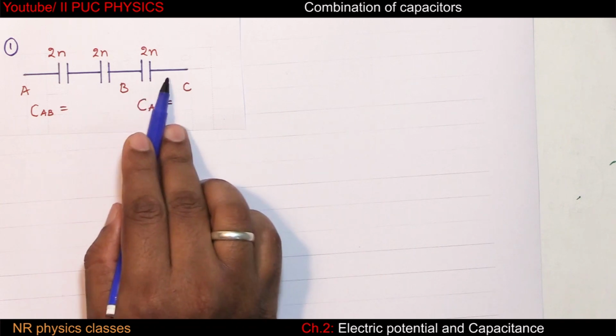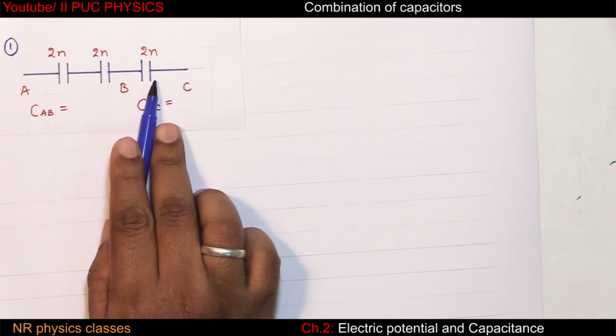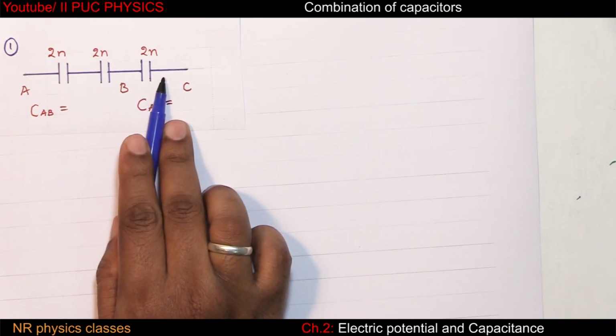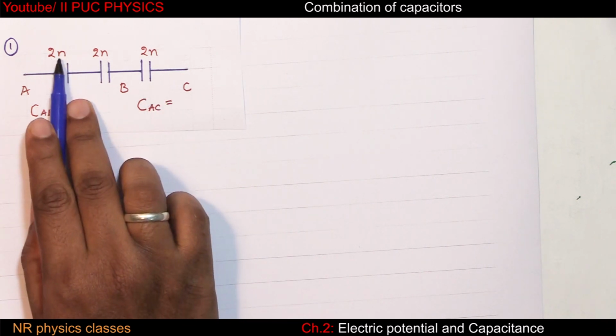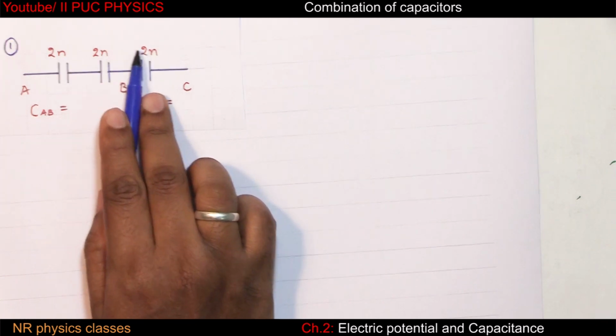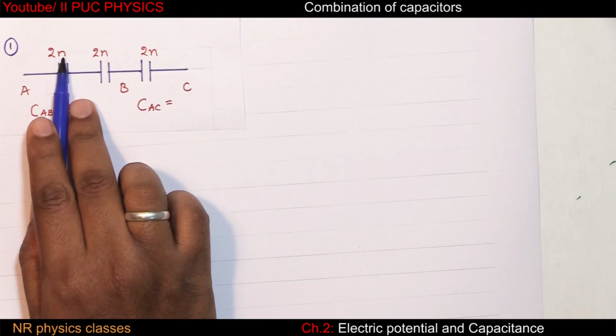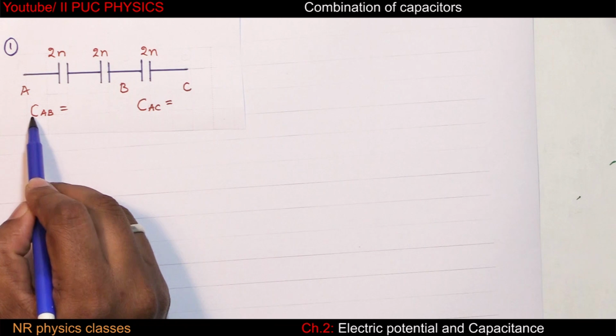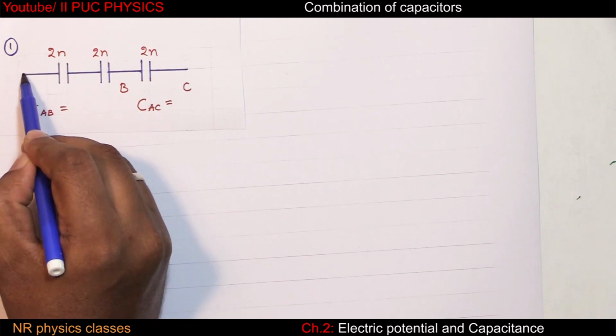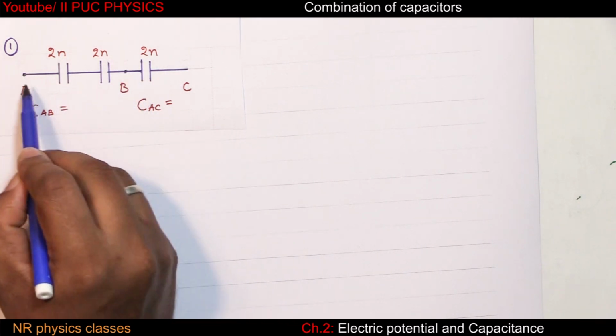Observe the circuit diagram. There are 3 capacitors in series, each equal to 2 nanofarad. Just 2 nano is mentioned. Capacitance across A and B. A is here, B is here.